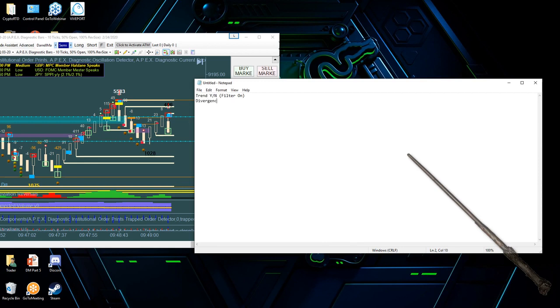We got divergence. Yes or no? Filter off. And by the way, you could have both directions on. If you got divergence, you could have both directions on, because you'd be going with the trend and you could be going against it, right? So that's the second question we look at.